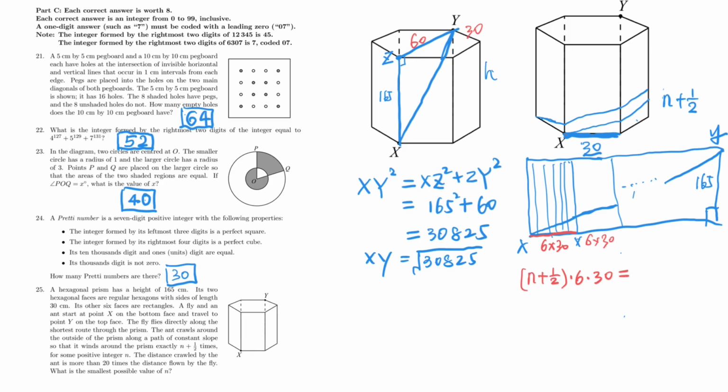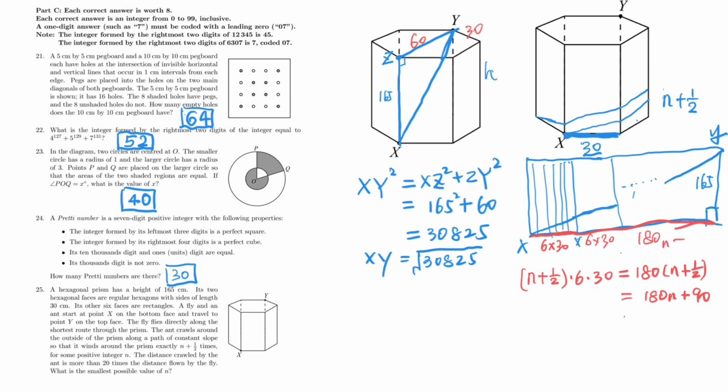That's the base, 180 times n plus 1 over 2, that's 180n plus 90. That's the base.